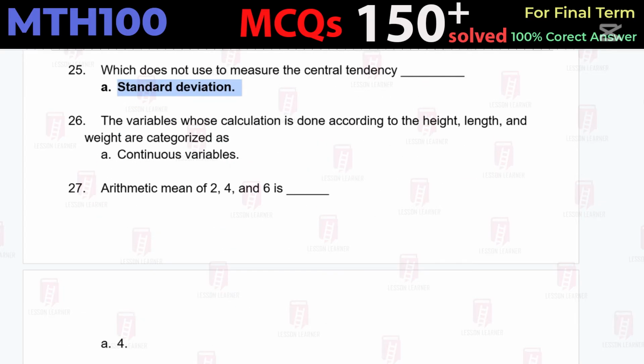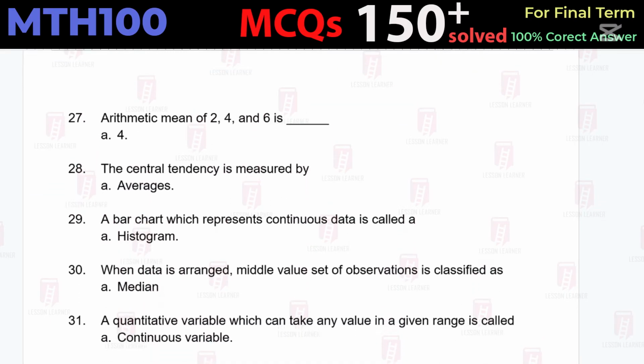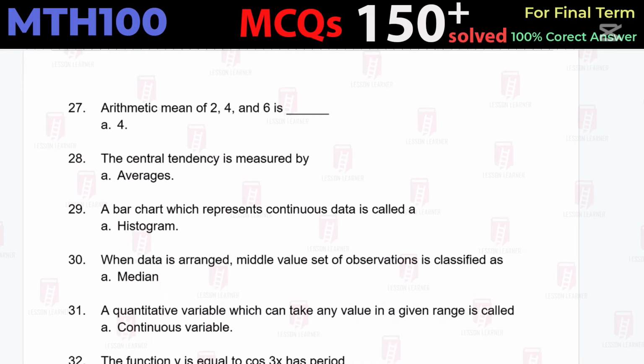The variables whose calculation is done according to height, length, and weight are categorized as continuous variable. The arithmetic mean of 2, 4, and 6 is 4.